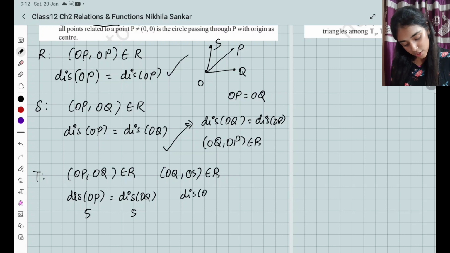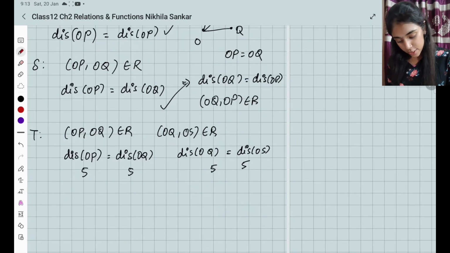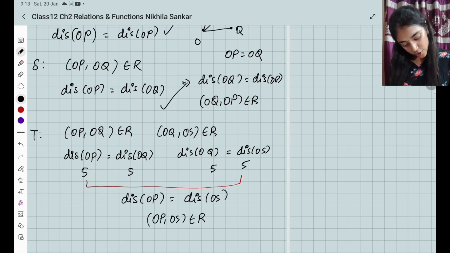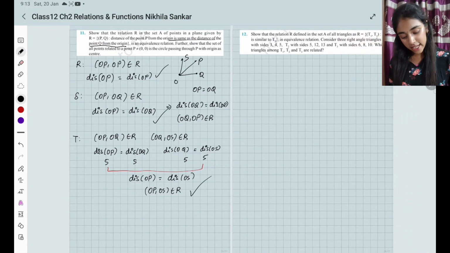Similarly, distance of OQ is going to be distance of OS. இது 5 units na இதுவும் 5 units. So from these two, you can conclude that distance OP equals distance OS. Correct? Distance OP is going to be distance from O to S, which means OP, OS also belongs to the relation, which means it's transitive and hence it is an equivalence relation.